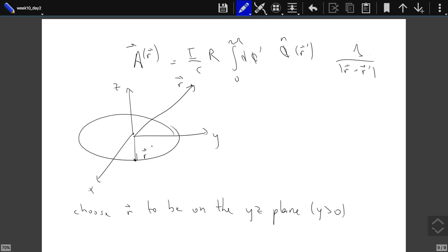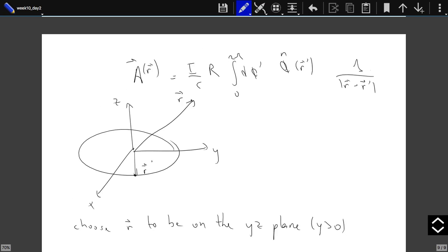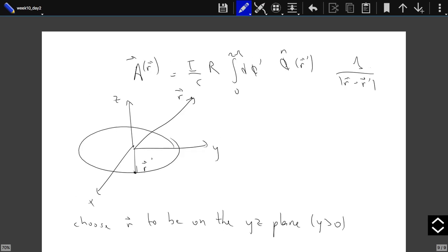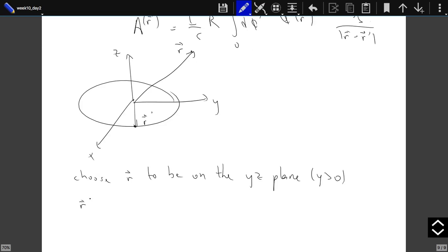So let's write these components first. Well, let's just start with writing this r minus r prime vector magnitude. Now r prime, I can just write it as r prime in the r hat prime direction, let's say. Okay, so let me use Cartesian coordinates for the calculation.